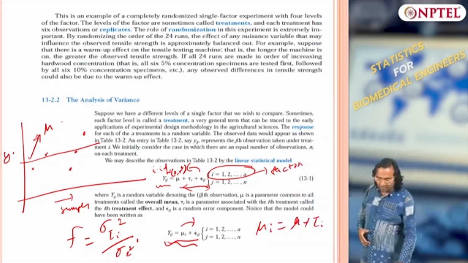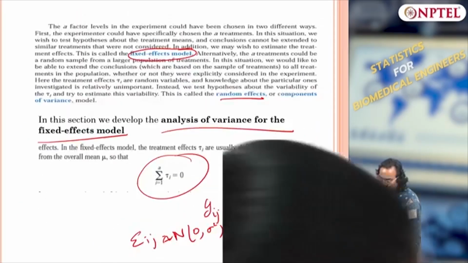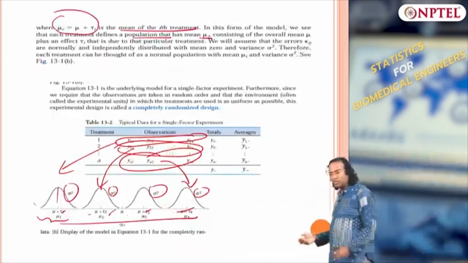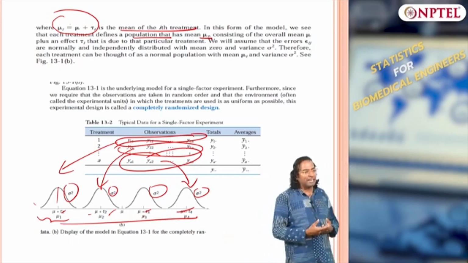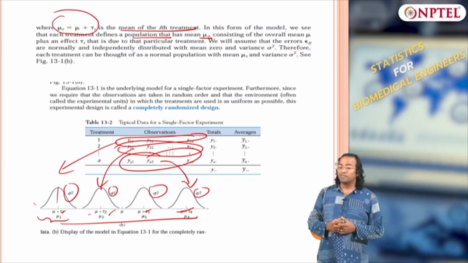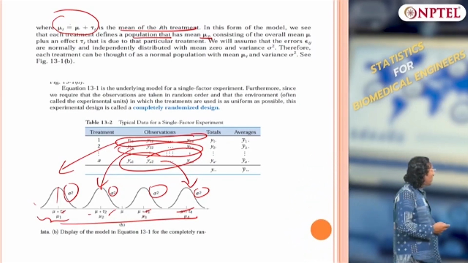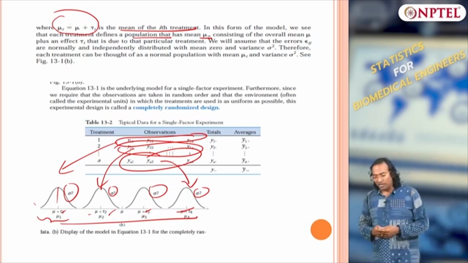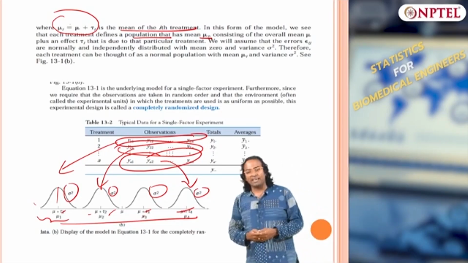And the important assumption is that the response output for each treatment follows a Gaussian distribution with the same variance. So Y1, Y2, Y3, irrespective of treatment, have the same Gaussian distribution and same variance.